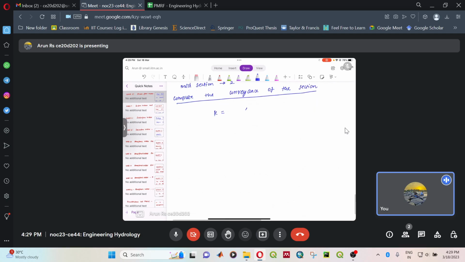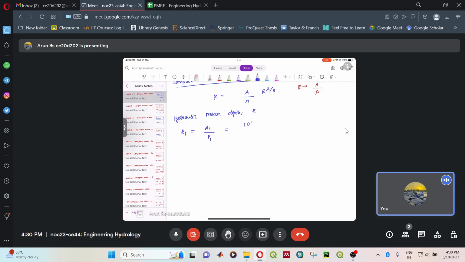We saw that K is equal to A by N times R to the power of 2 by 3, and your R is nothing but A by P. So first we will compute the hydraulic mean depth, which is R. R1 is 108.6 divided by 65.3. That is 1.663 meters.